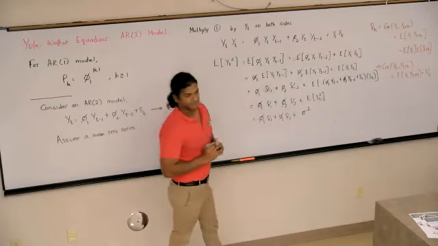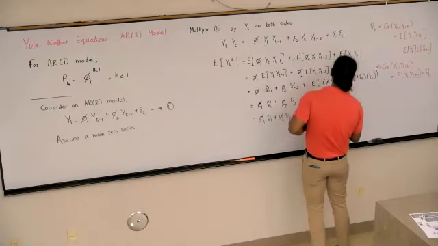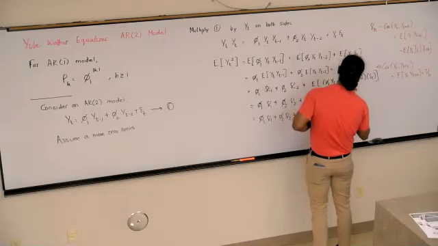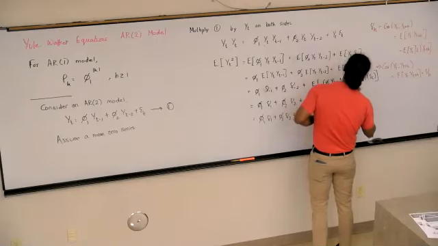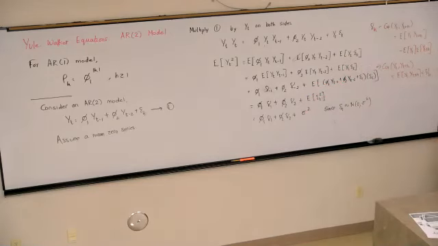So we end up getting sigma squared, because of our standard assumption that epsilon t is normal with mean 0 and variance sigma squared.